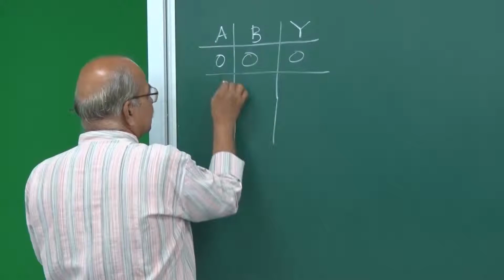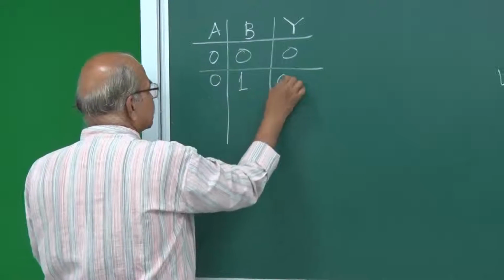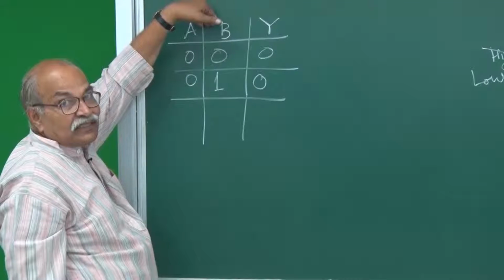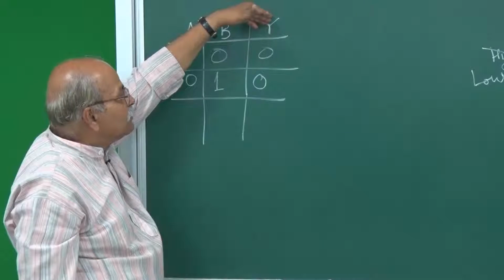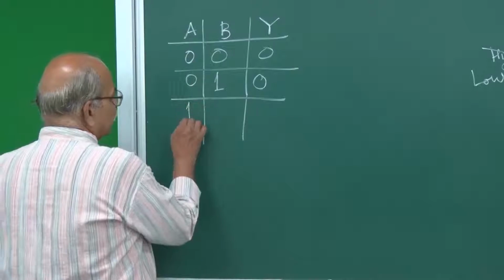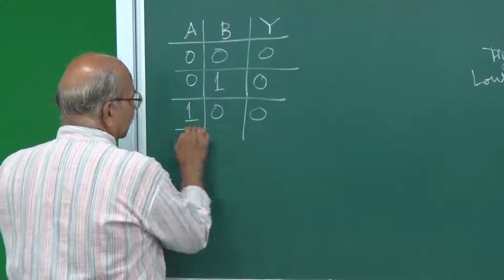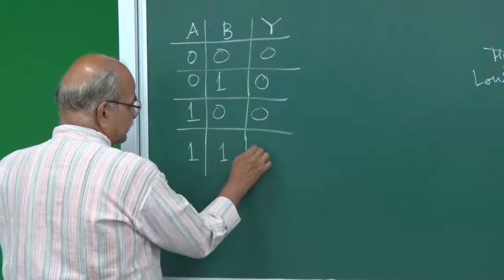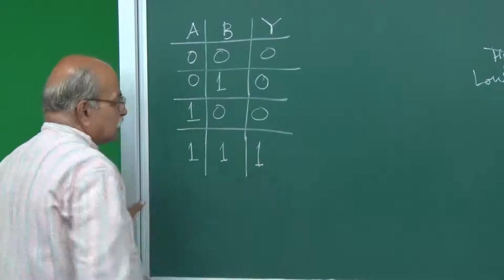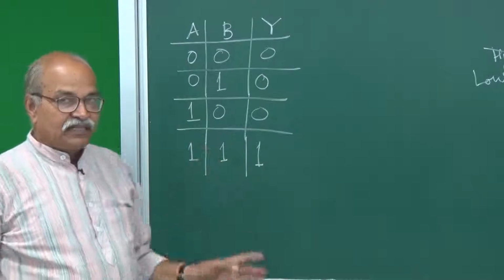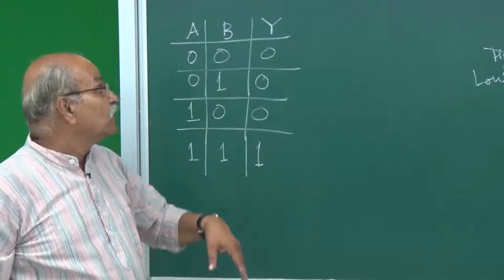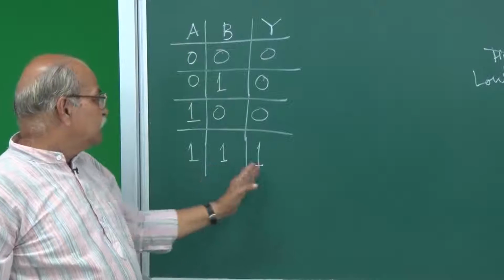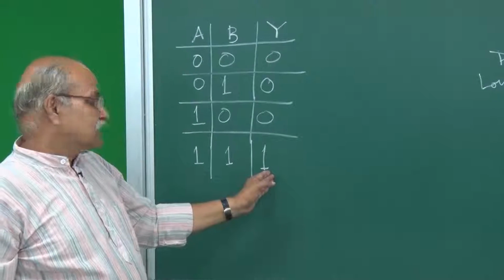If A is 0 and B is 1, still Y is 0, because A and B both should be high to give you a high value of Y. So 1 and 0 gives 0, and 1 and 1 gives 1. A circuit of this kind will be called an AND circuit. Both of them should be high, then only the output is high, otherwise it is not.